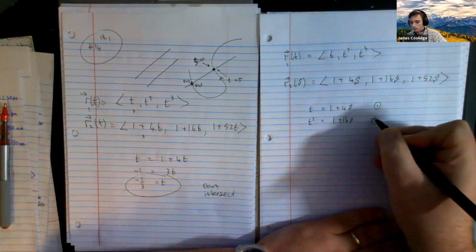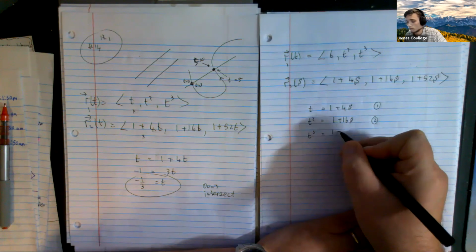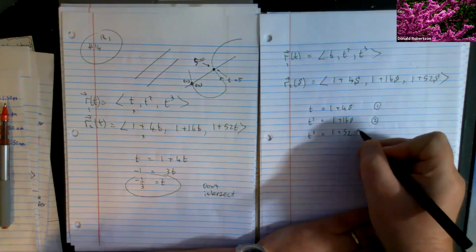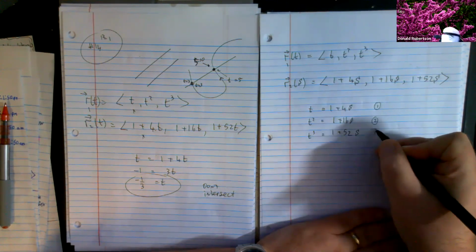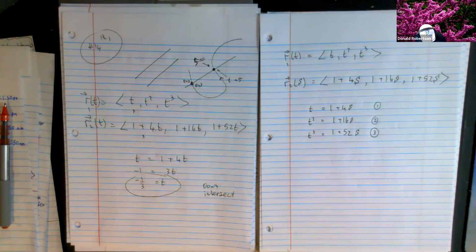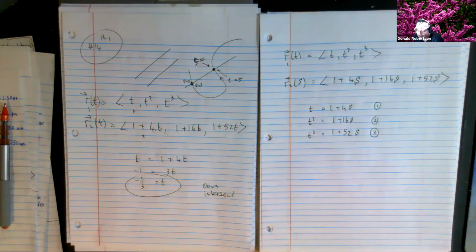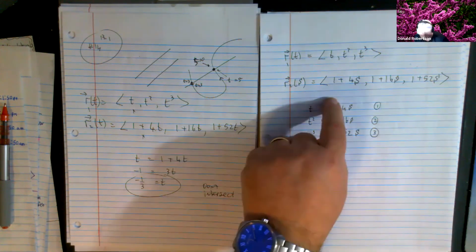And I will lastly match up the Z's, and I'll call that equation 3. So essentially, I've got a system of equations that I'm trying to solve for S and T, right? I'm trying to find a combination of an S number and a T number where these three things are true.